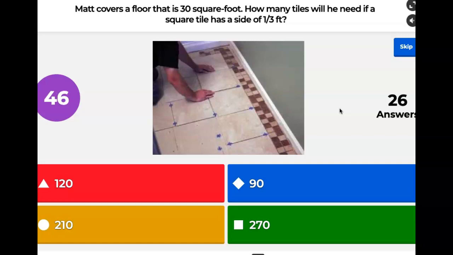I gave you enough time to solve this. This is the same problem that we did yesterday.